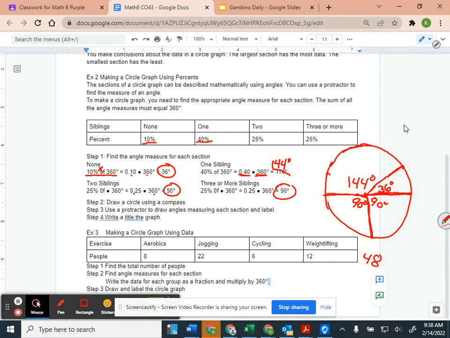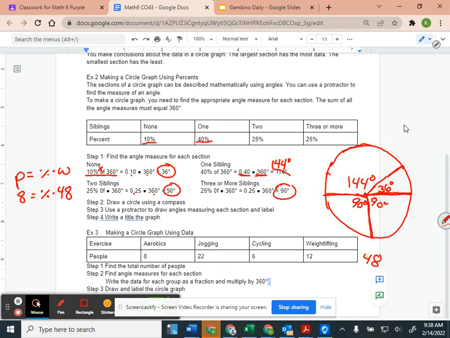If I need to find 8 is what percent of 48, how do I find that? Who remembers? We just did this in our homework. How do I find 8 is what percent of 48? If my formula is the part equals the percent times the whole, I know my part is 8. I want to find the percent.